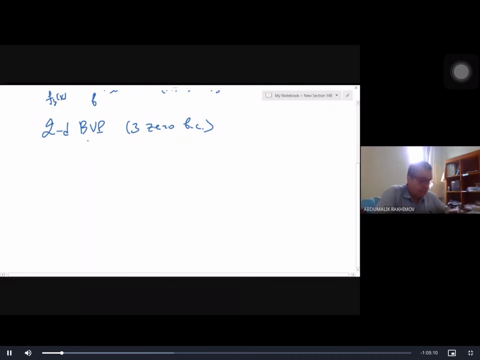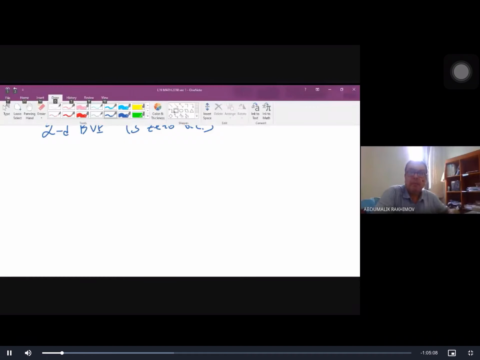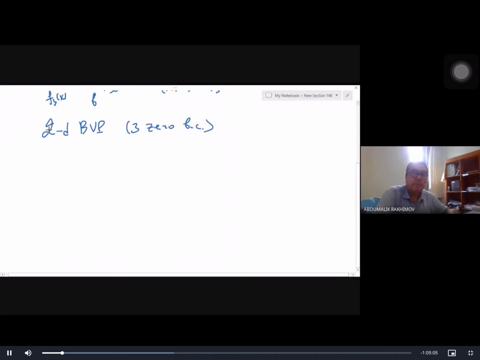So, for example, the problem can be like this. Let's say the same plate, and this side is heat isolated. How can we express this boundary condition?